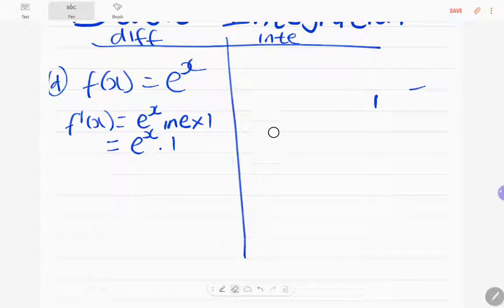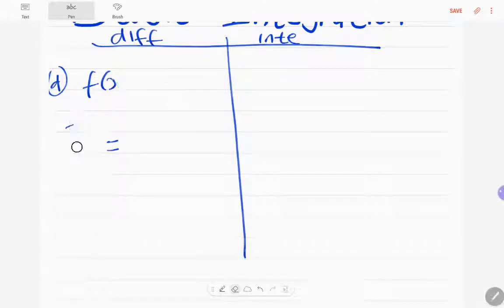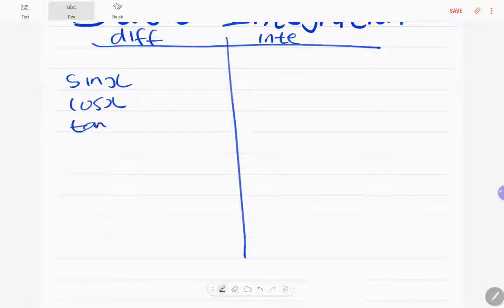Now we are going to trigonometric functions. We had sin x, cos x, tan x, sec x, cot x, cosec x.